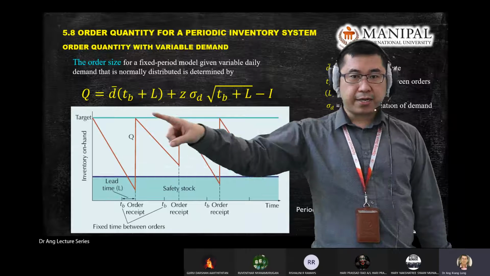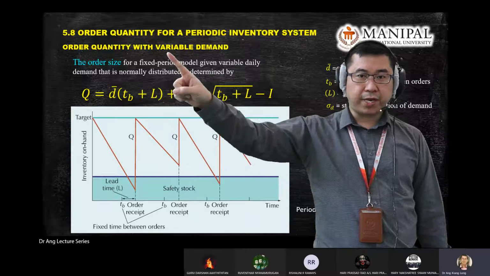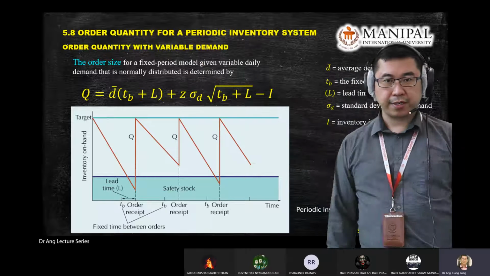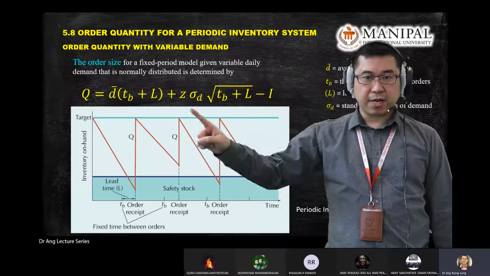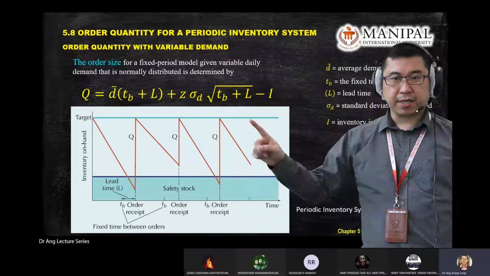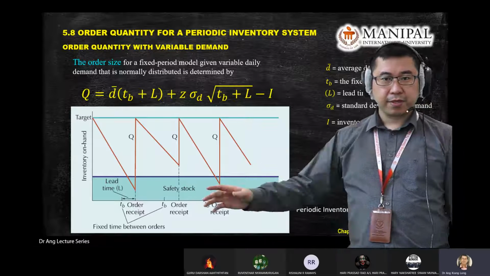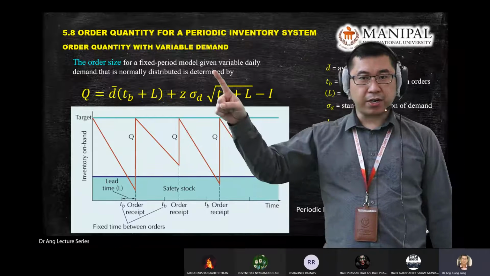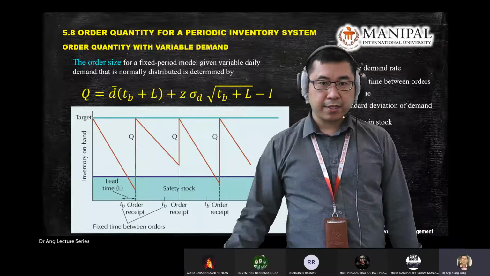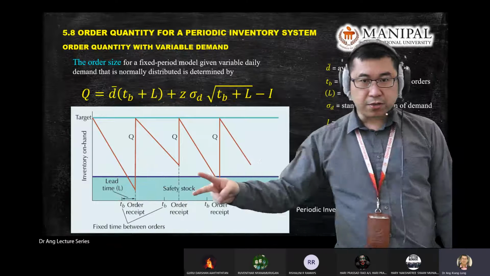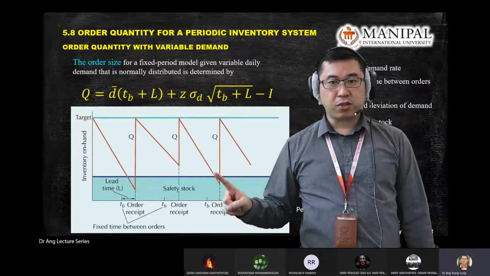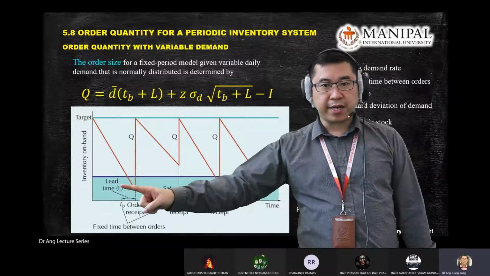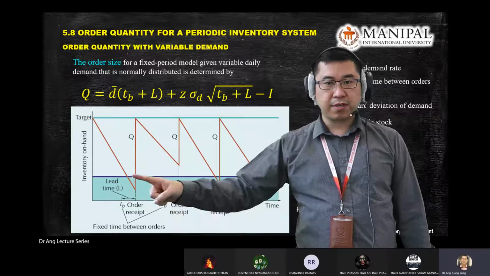The demand goes up and down. It falls under variable demand. Go up and down, and then here up again. So this kind of pattern falls under variable demand. So this is your safety stocks. Again, what is the purpose of safety stocks? It is to eliminate the negative demand here.